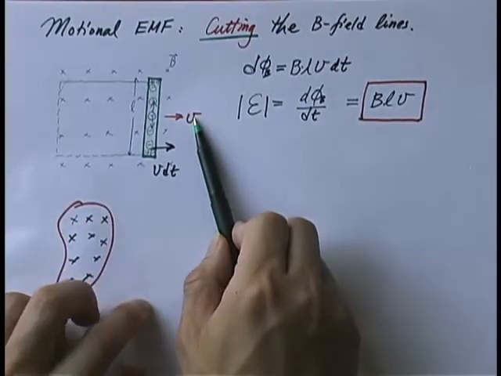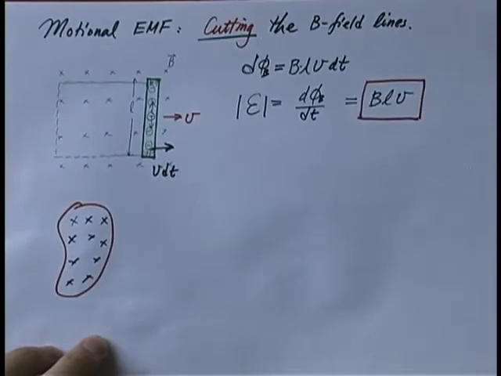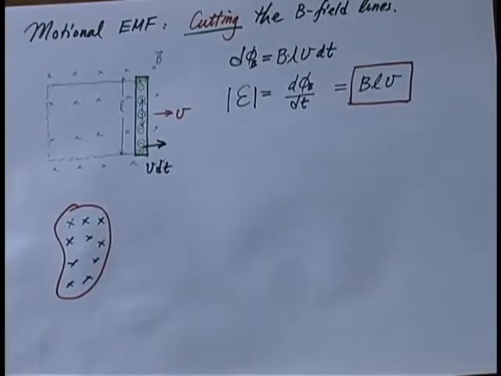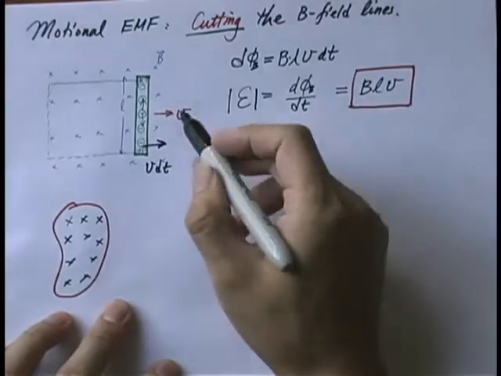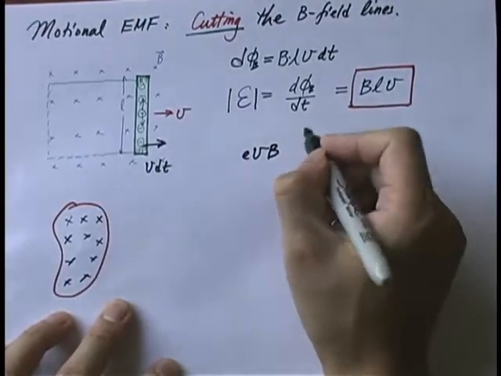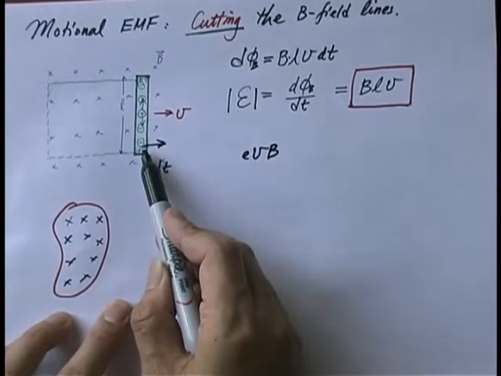You know the magnetic force exerted on this electron in terms of magnitude would be e times v, the speed of the electron, times B, right? And that's going downwards. That's why you get a whole bunch of negative charges accumulated here.